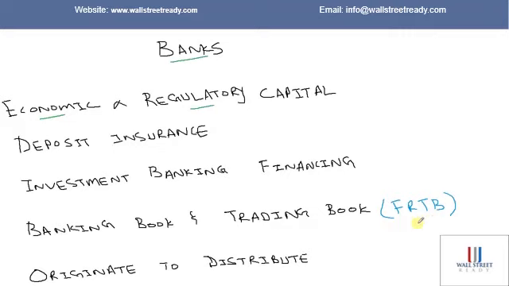For example, if you're planning to work in the market risk department, or if you're already working in market risk, FRTB is a hot topic, and basically everything in market risk revolves around FRTB, and it's quite a key topic. So banking book and trading book is part of FRTB, but in this syllabus it talks about banking book and trading book at a very high level.